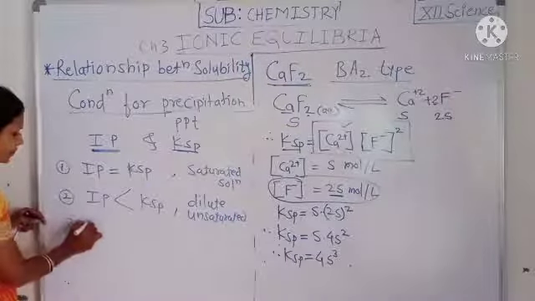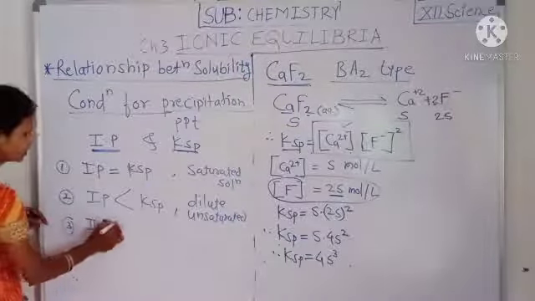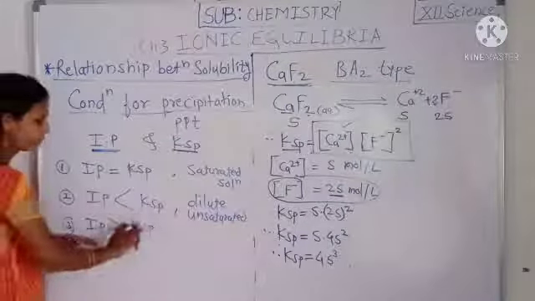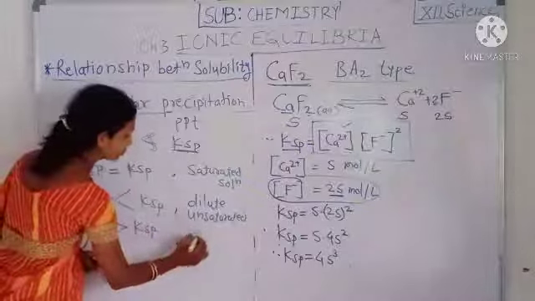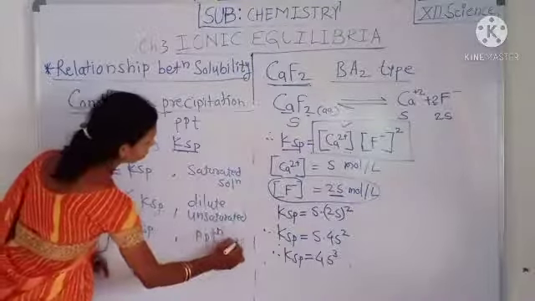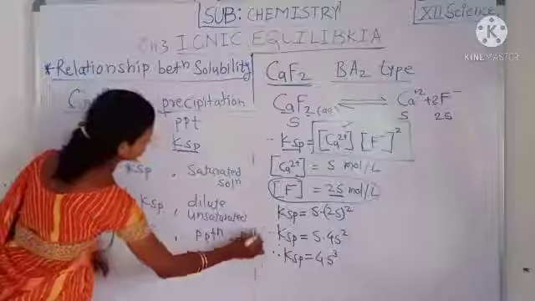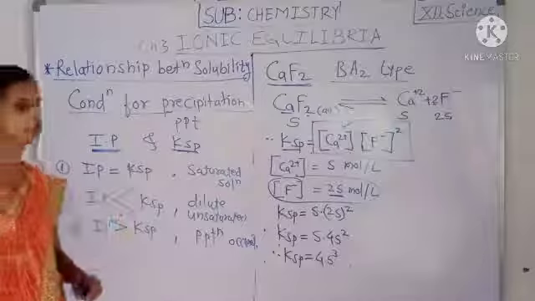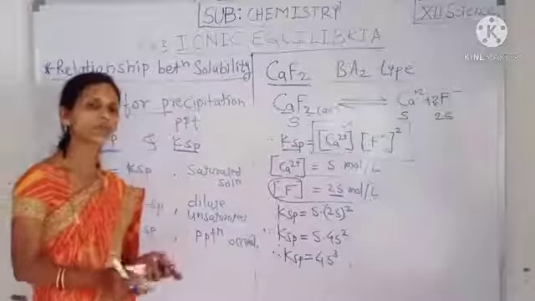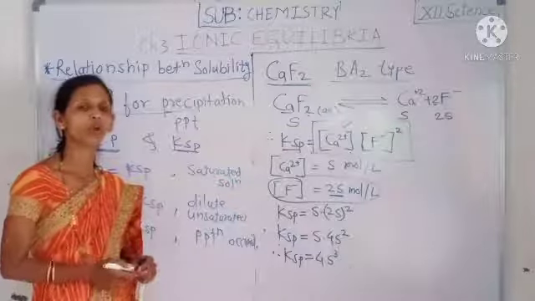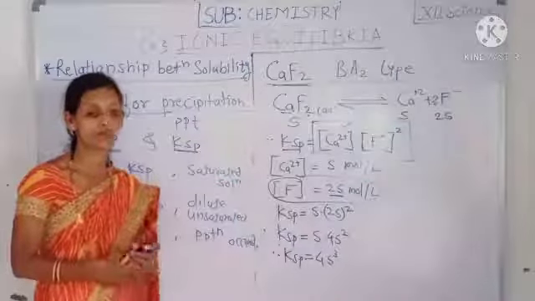And if the ionic product is greater than Ksp of that salt, then precipitation is observed here. That is about the relationship between solubility and solubility product of different types of salt.